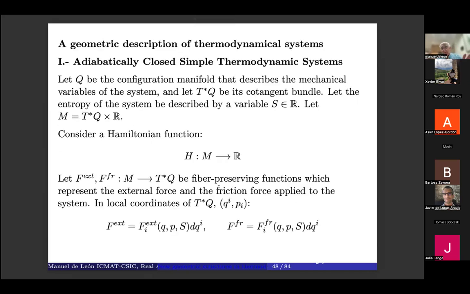So, for instance, this is the reason to introduce these structures. Consider adiabatic closed simple thermodynamic systems.